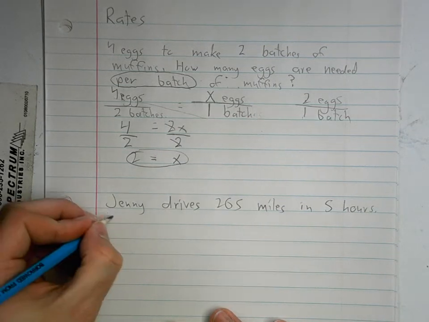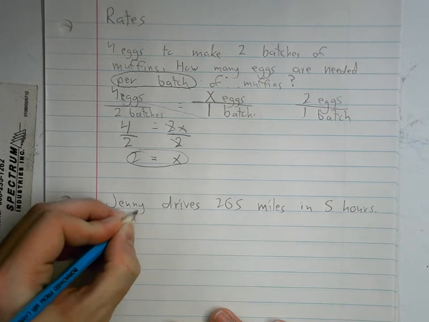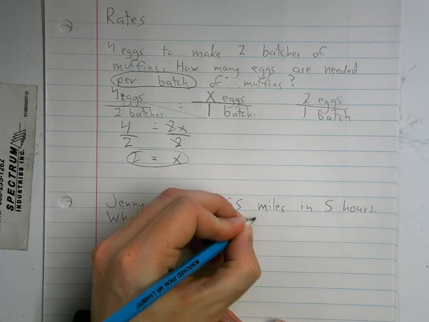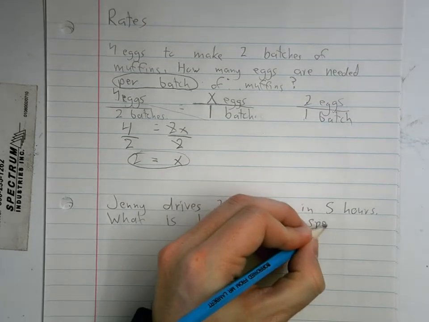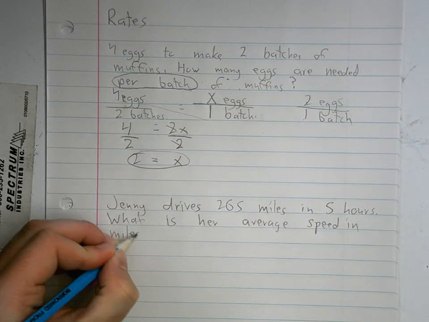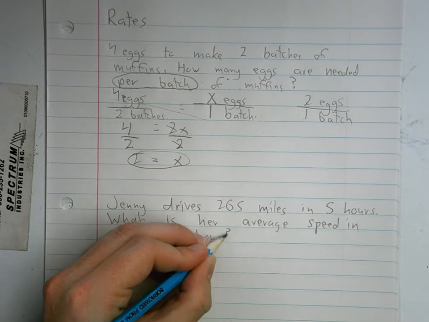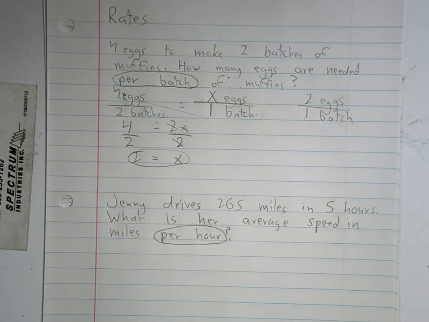What is her average speed in miles per hour? I'm going to circle that per hour part, okay? So I'm going to set up a ratio first.